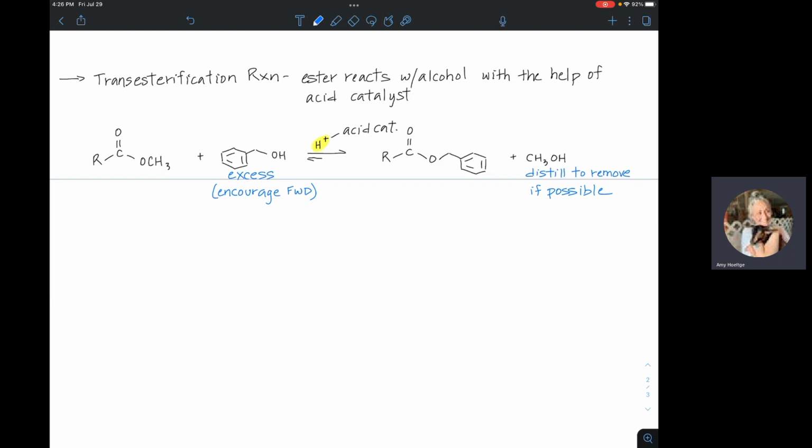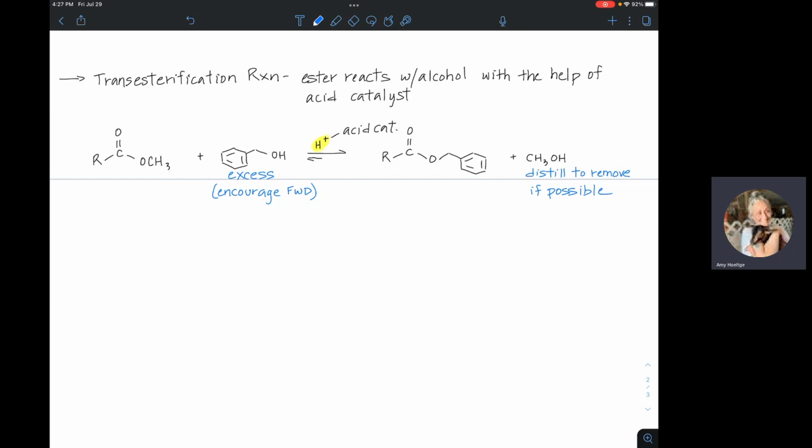Even fractional distillation is going to be iffy on that. You might get some mixed stuff. But if you've got a decent, say 10-degree difference in boiling points, then you can set this thing up to distill your product alcohol and remove product while using an excess of reactant to really shove this thing in the direction of the formation of your new ester.